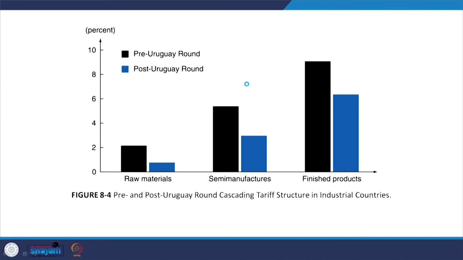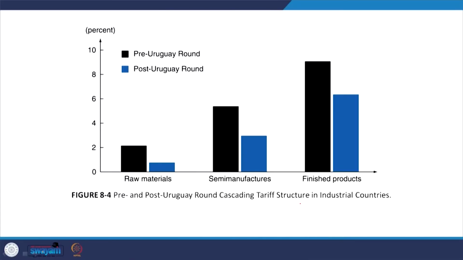Now, another check to understand the tariff structure in industrial countries. Basically, the Uruguay round involved WTO negotiations. In the pre-Uruguay round, the tariff lines are higher as compared to the post-Uruguay round; there has been a fall in the tariff line in every category: raw materials, semi-manufactured products and finished products.